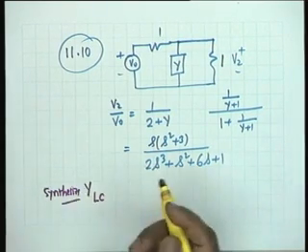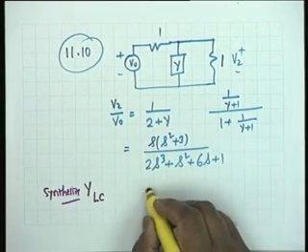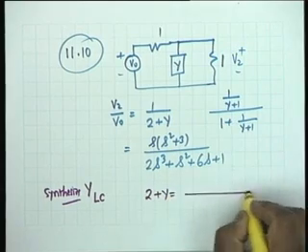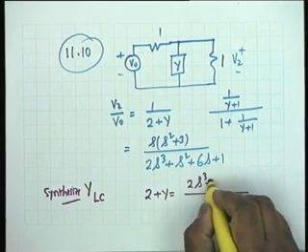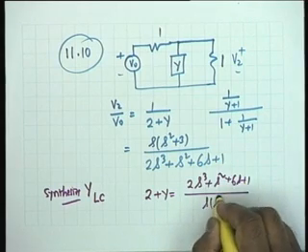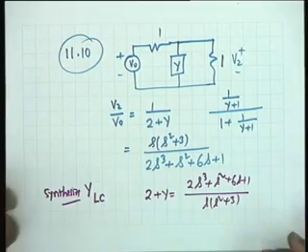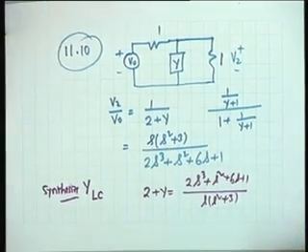So, the first thing would be to find out Y. 2 plus Y equal to 2S cubed plus S squared plus 6S plus 1 over S times S squared plus 3. Find Y from here and synthesize it. I will skip the algebra.